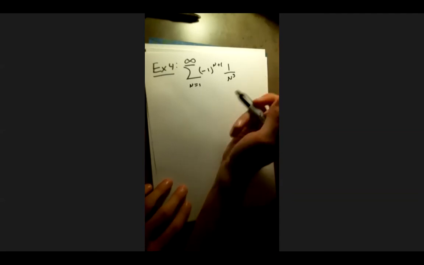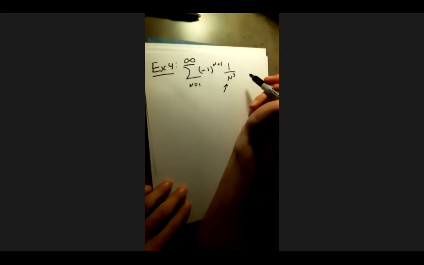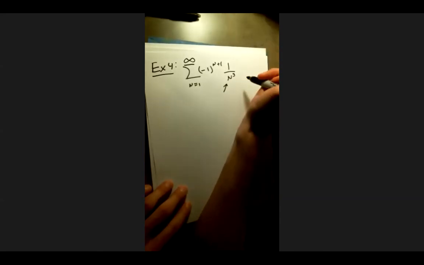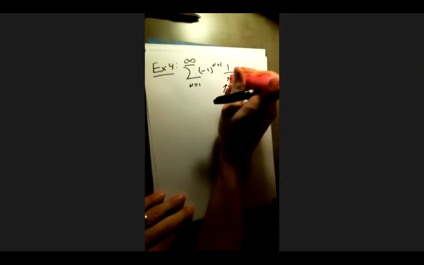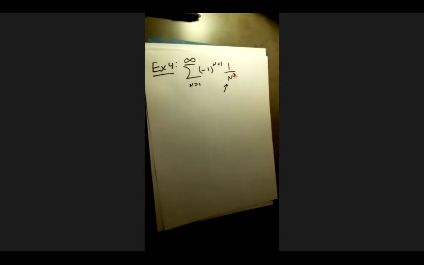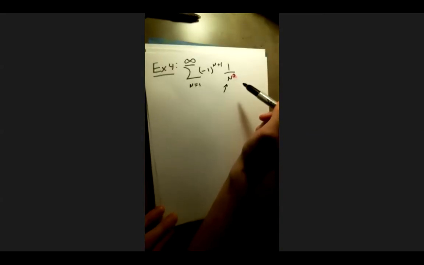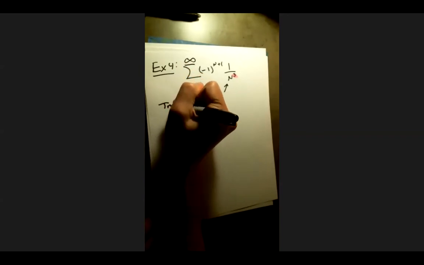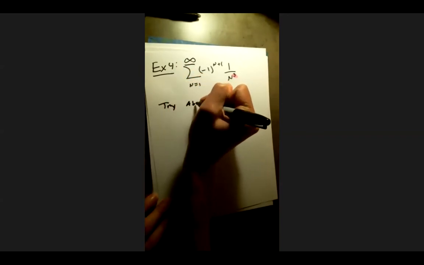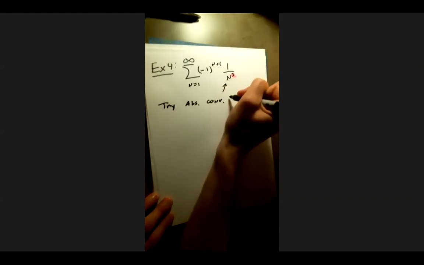What we can do is look at this and observe the n cubed in the denominator right here. That gives us a little bit of a hint, and we think to ourselves, hey, maybe the p-test would be nice here. So let's try for absolute convergence and see whether it works.